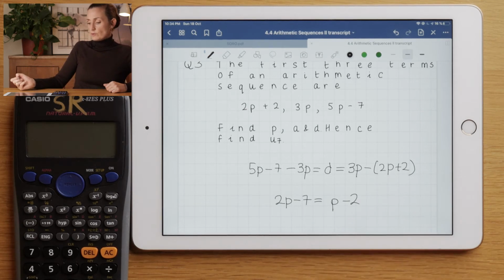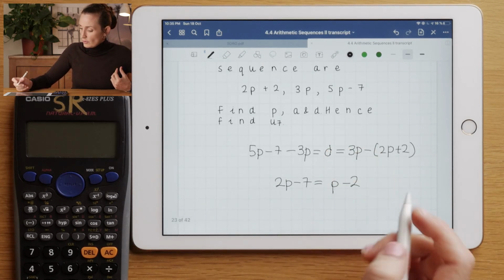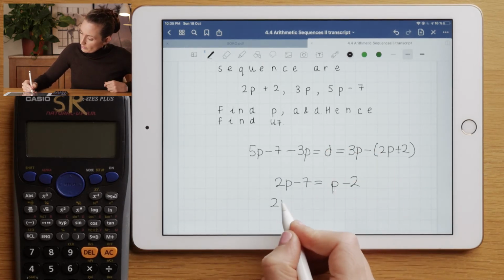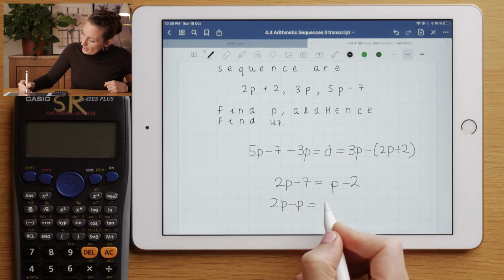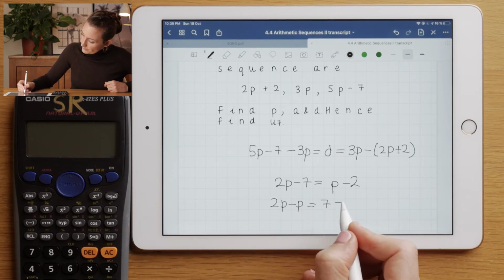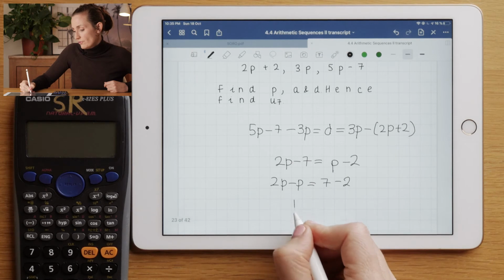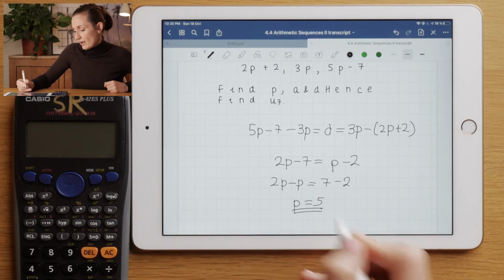Both of those are equivalent expressions that equal d. Now you can solve. Put the p's on one side and the numbers on the other side, and you find out that p should be equal to 5.